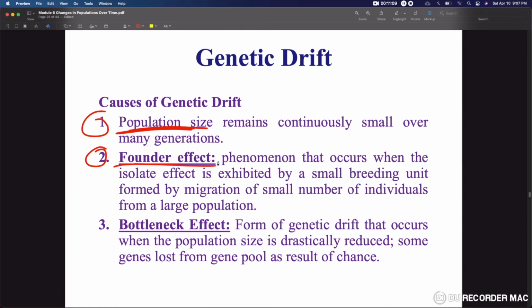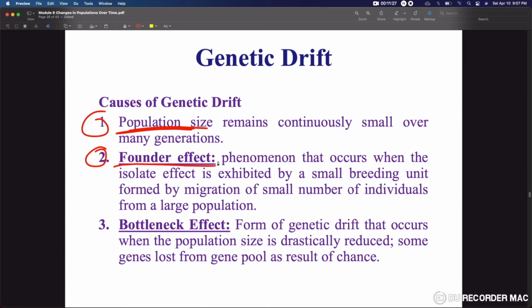That's why it's founder. They found a new community. And they usually are in small numbers. It causes, since small population ulit, it causes high chance of genetic drift to occur.